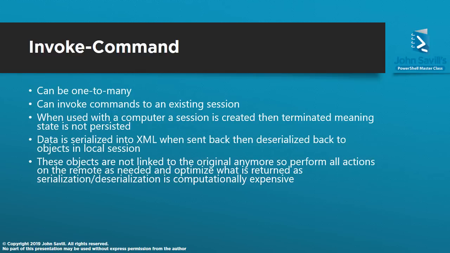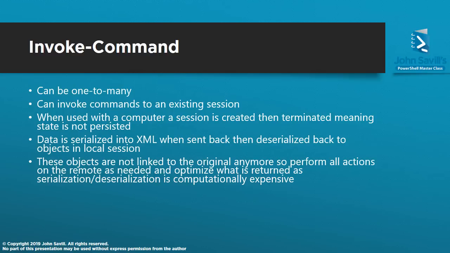Also realize that serializing those objects to XML, and then deserializing from XML back to the objects, is computationally expensive. And we've talked before about how we want to filter as far to the left in our command chain as we can. It limits what's returned. It limits the computation that I have to do further down the pipeline.